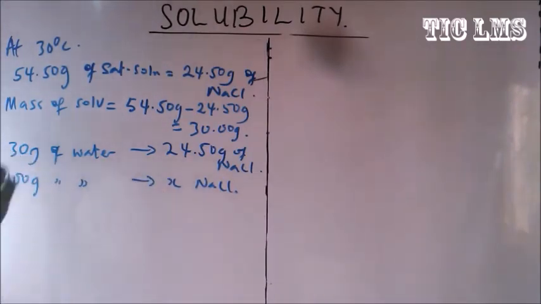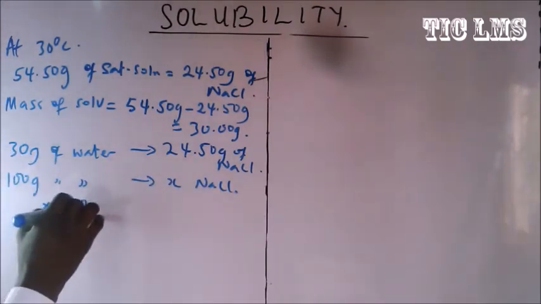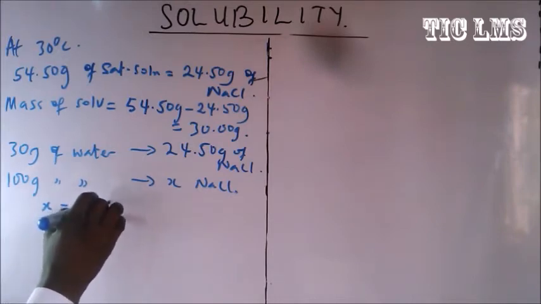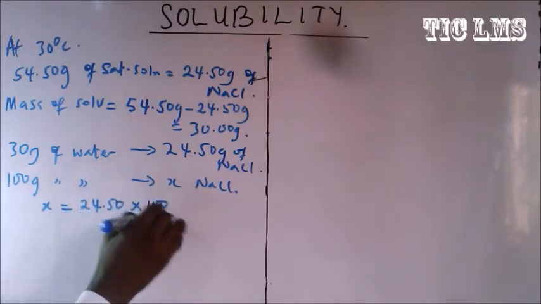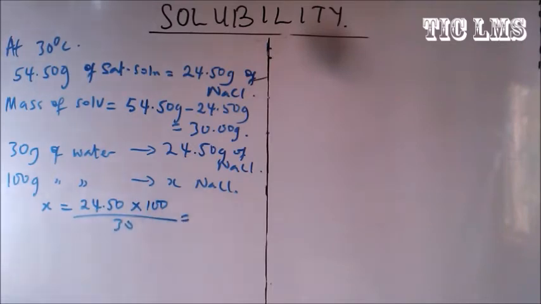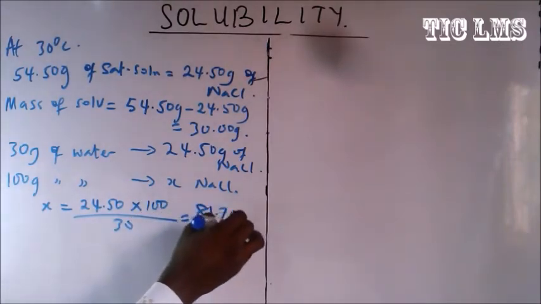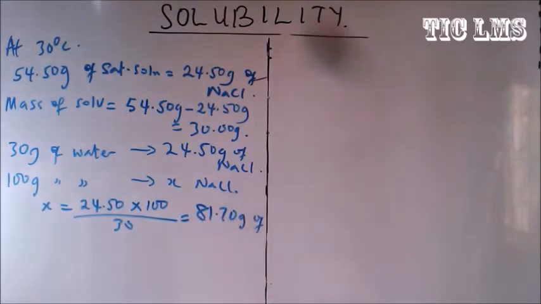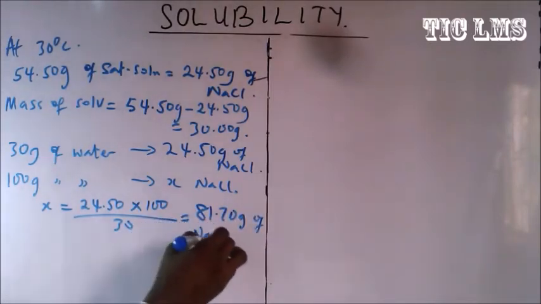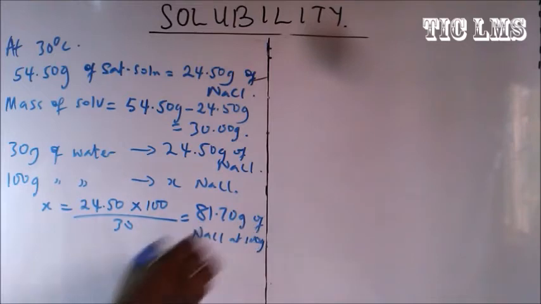So we have x multiplied by 30, so we have x equal to 24.50 multiplied by 100 divided by 30. And this will give 81.70 gram of the salt at 100 gram of the solvent.